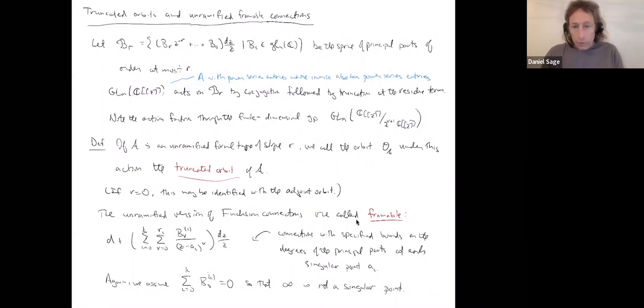The unramified version of Fuchsian connections are what are called frameable connections. So here we're only looking at connections which have this following form: D plus, and then A, you write down the principal part at each of the singularities you want. So in other words, this is a set of connections with specified bounds on the degrees of the principal parts at each singular point a_i. Again, we might as well assume that infinity is not a singular point. So we have to assume that the sum of the residue terms is 0.